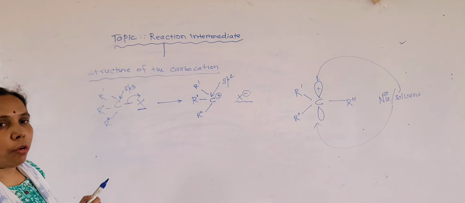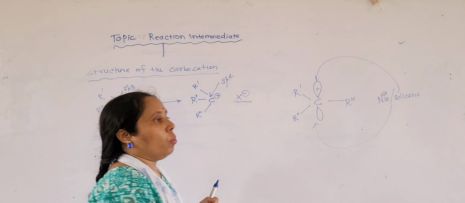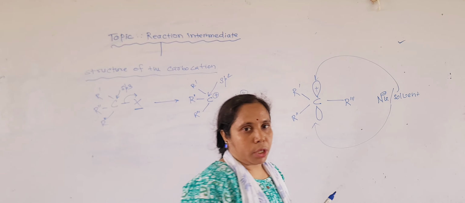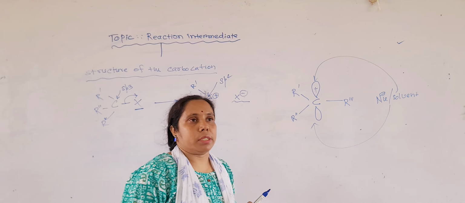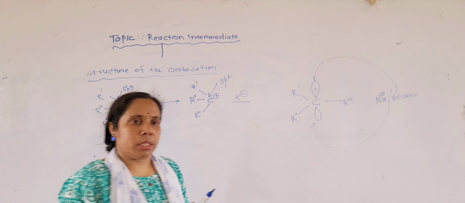Now we are going to find the stability of the carbocation for primary, secondary, tertiary, and any other cation.